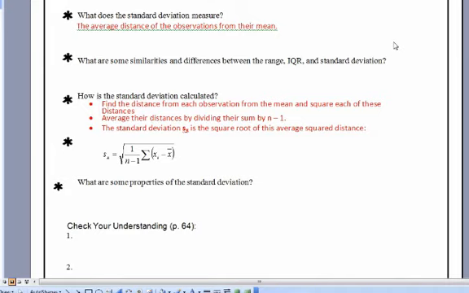Then average the distances by dividing their sum by n minus 1. The standard deviation, and the symbol for that is s sub x, is the square root of this average squared distance. And this is the formula for that.